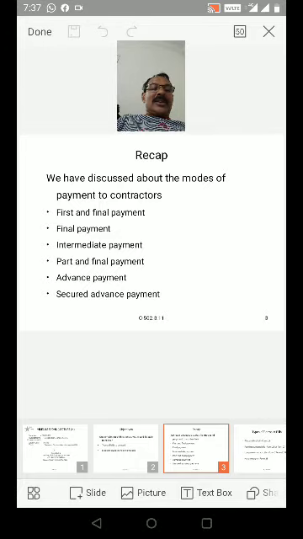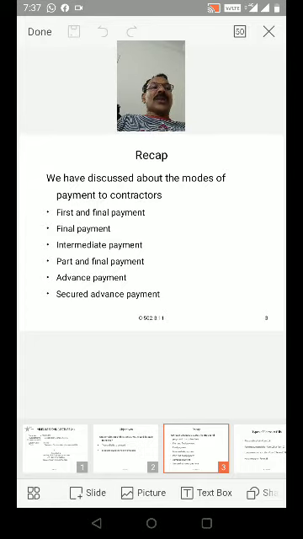For contractors and suppliers, it is to be used when a single payment is made for a contract only on its completion.